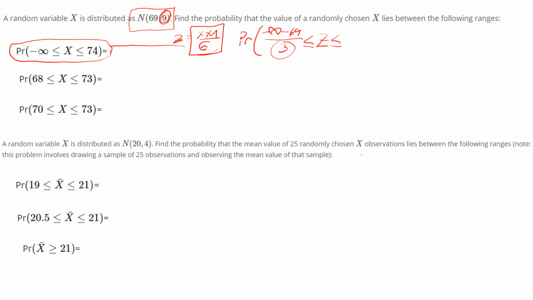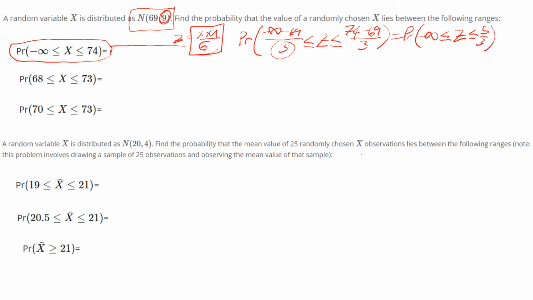So z lies between this ratio and the following ratio, 74 minus 69 over 3. You can simplify, and this stays -infinity, because -infinity minus 69 stays minus infinity, and minus infinity divided by 3 is still minus infinity. And on the other side, the upper limit is 5 over 3.